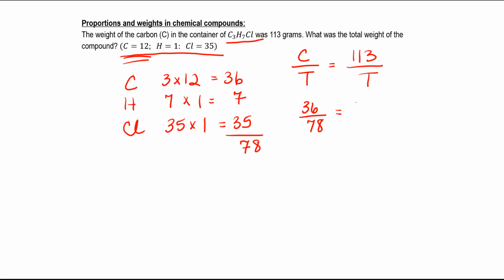And we are told that we have 113 grams of carbon, and we're trying to figure out what the total weight in that container of this molecule, this compound, would be. So now we can cross multiply. So cross multiply, 36T is equal to 78 times 113. And if you punch that into your calculator, you are going to get that T is about 244.83 grams.